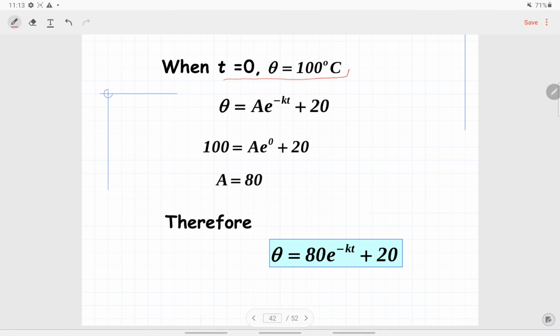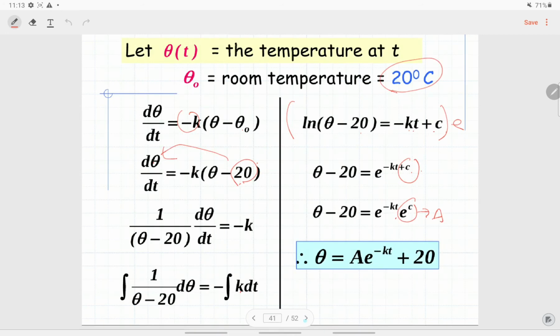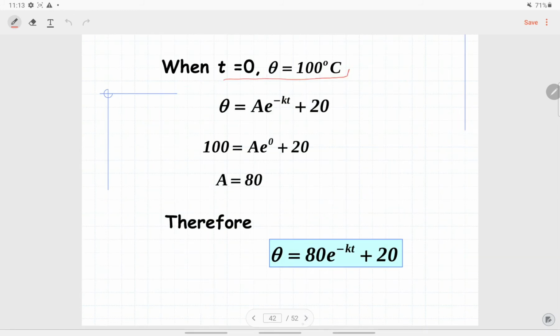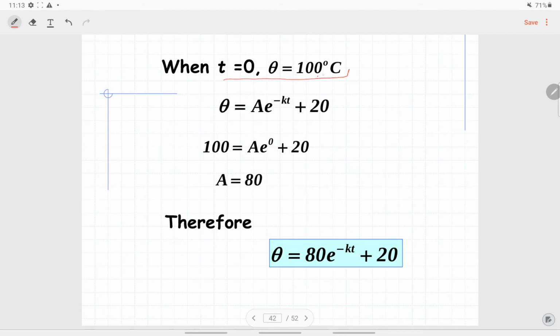So therefore, when t equal to 0, it is 100 degrees Celsius. Given the information, to cool from 100 degrees to 50 degrees, it will take 12 minutes. So t equal to 0 at the initial point, it is 100 degrees Celsius.